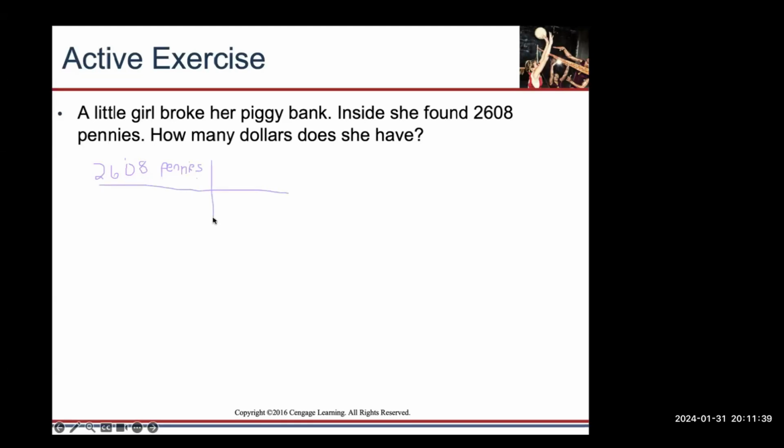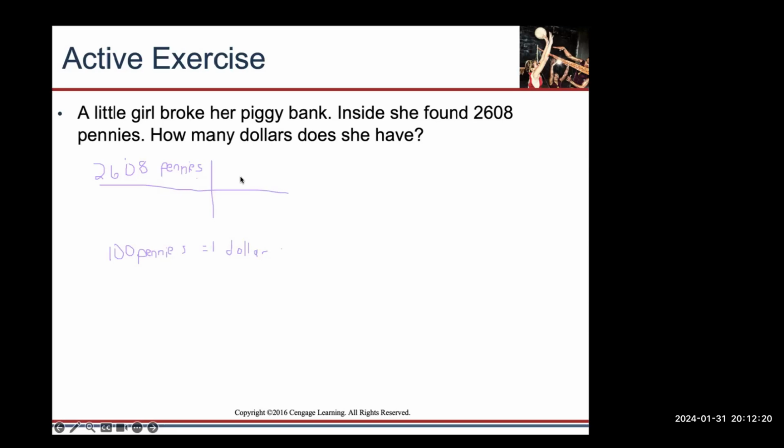And then we're going to divide it by, so we know how many pennies make a dollar. So 100 pennies are going to equal $1. Okay.